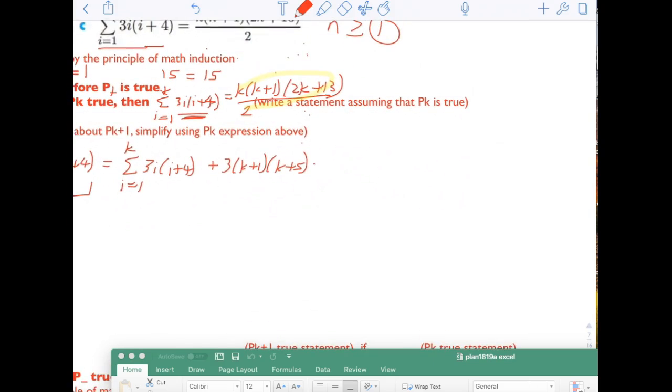Okay. And if we do that, then we see that this term is the original term for the P of k, so we could substitute in the yellow part. That would be k times k plus 1 times 2k plus 13, divided by 2, plus 3 times k plus 1 times k plus 5.